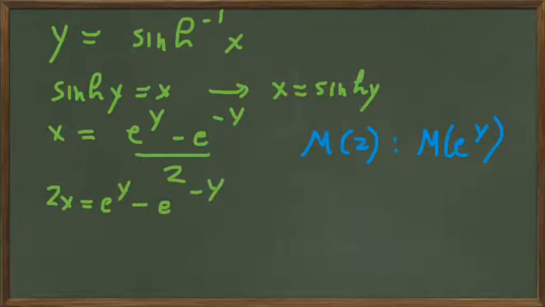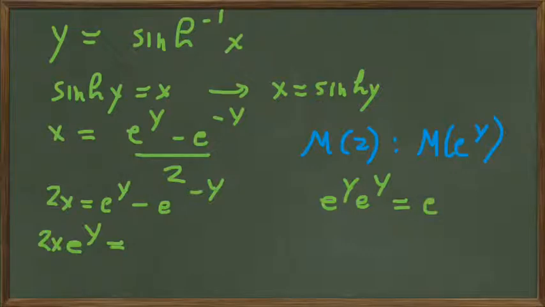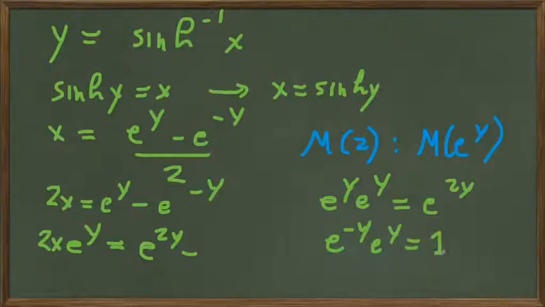Then we multiply by e to the y, so this left side becomes 2x e to the y. The right side, first term is e to the y times e to the y, which is e to the 2y. The other term on the right side is e to the minus y times e to the y, which is e to the 0, which is 1.